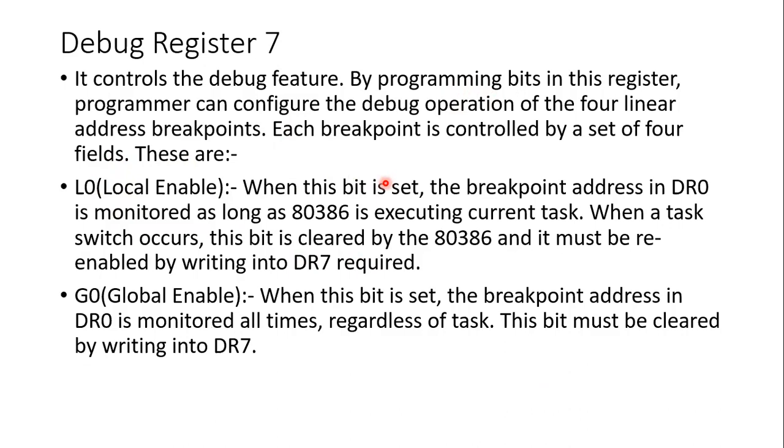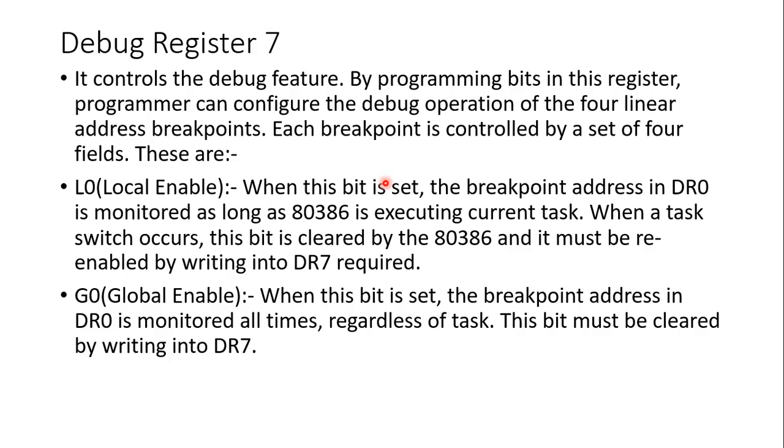as long as the 80386 is executing the current task. When a task switch occurs, this bit is cleared by the 80386 and it must be re-enabled by writing into the DR7 as required. Now, local enable is nothing but, whenever you set this bit to 1, the breakpoint address in your DR0 register will start being monitored. Until what time is it monitored?